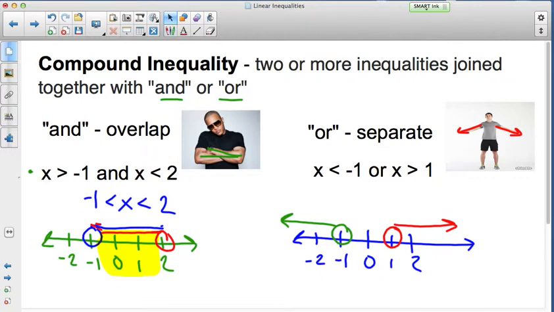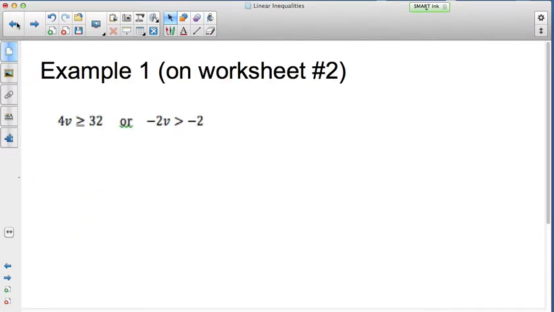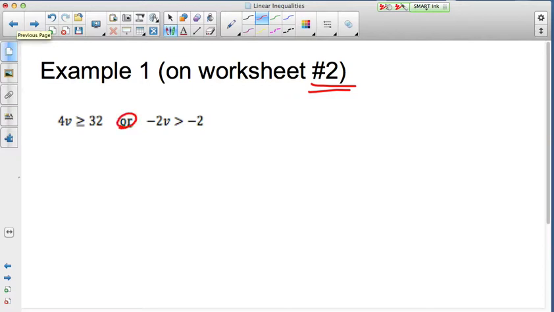Okay. Now, if you take a look at the worksheet that I gave you, number 2 on your worksheet looks exactly like this. 4v is greater than or equal to 32, or, keyword, -2v is greater than -2. So I know the word or means that I'm going to have two lines that are separate.